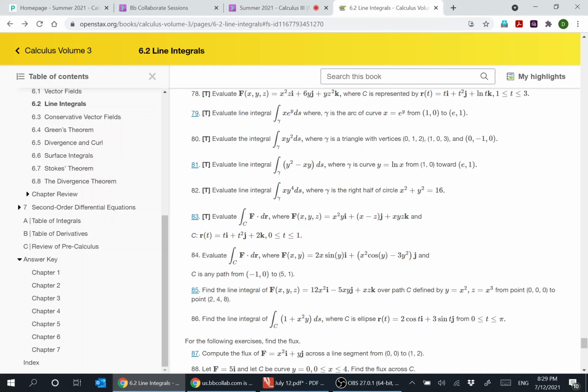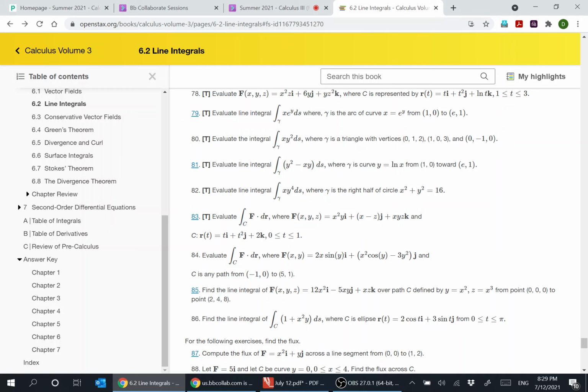Evaluate the integral over c of f dot dr, where f is this and c is any path from, well, this is more a problem for the next section, actually. Why did they put it in here?